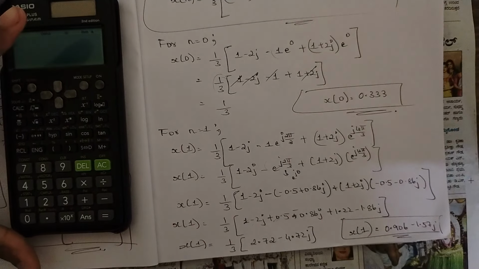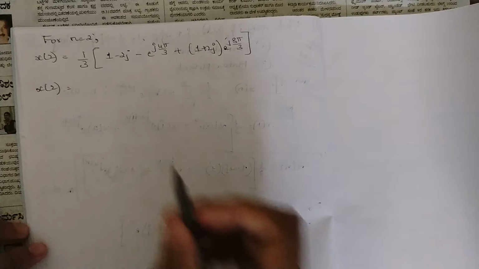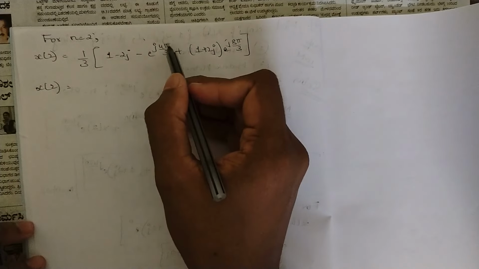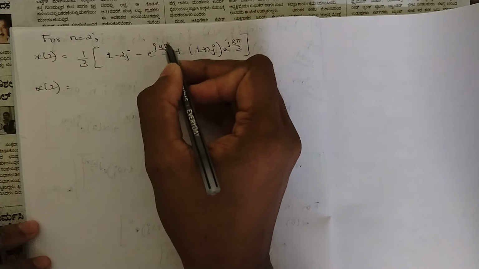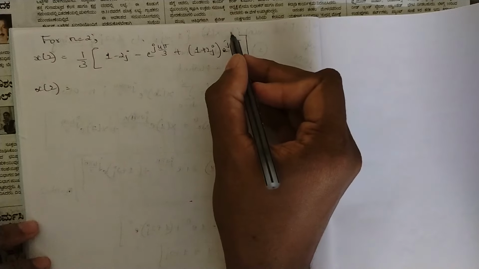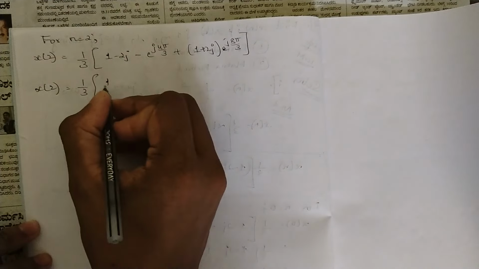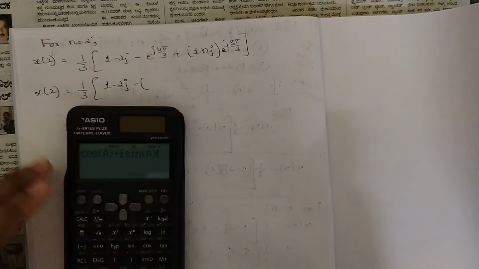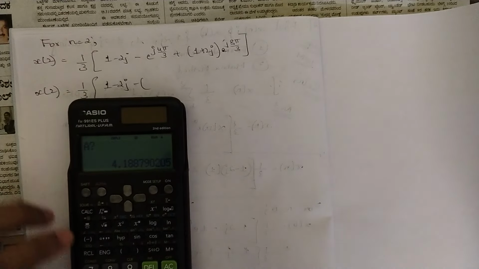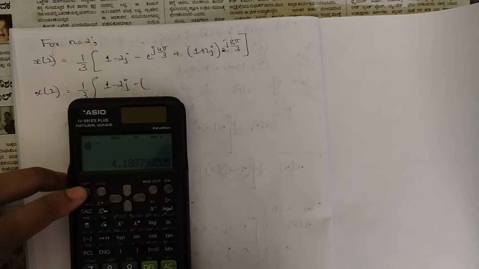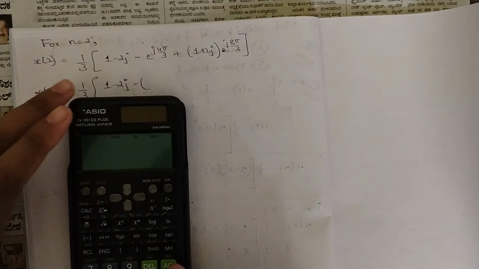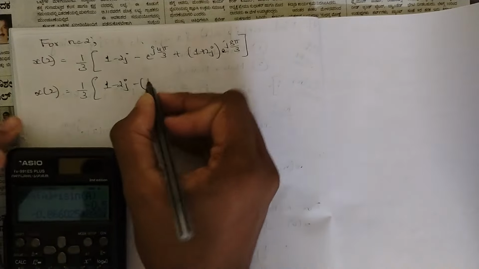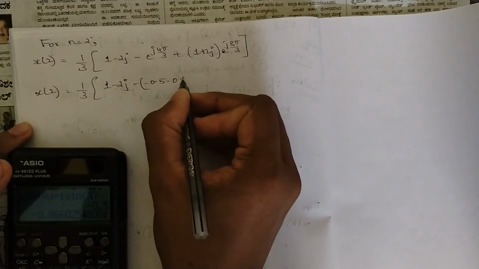Similarly, let's find x of 2. For n equal to 2, substitute the value of n as 2, so 2 pi into 2 by 3, that is 4 pi by 3. Here we have 4 pi into 2, so that is 8 pi by 3. I have substituted it, so 1 by 3 into 1 minus 2j into e power j 4 pi by 3, so the value of a is 4 pi by 3, that is minus 0.5 minus 0.86j.